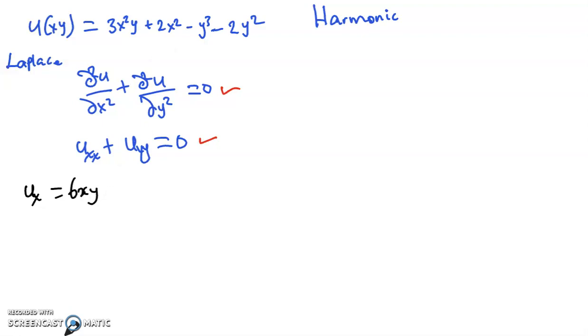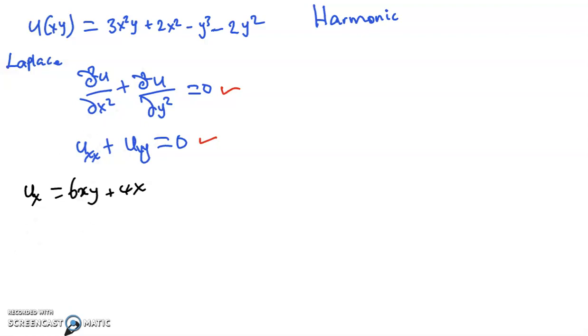And if we differentiate 2x squared with respect to x, we will get plus 4x. We cannot differentiate negative y cubed because we are differentiating with respect to x. That is what we call partial differentiation.